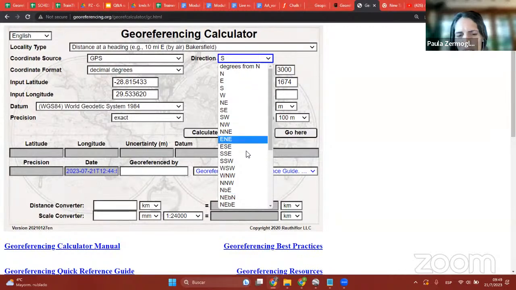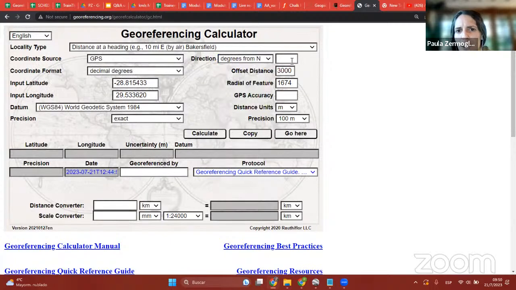We don't have among the options, for example, north-northeast. However, we could here even put the degrees directly. So if we had 15 degrees from the north, we could put the degrees here.